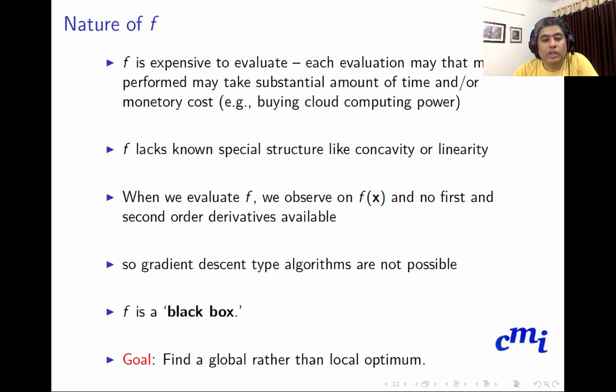So f is a black box function, almost like a black box function we don't understand. If you take f as the accuracy or the root mean square error of a deep learning neural network, then eventually f for us is almost like a black box function where for certain hyperparameters x we get a certain level of accuracy, but we have no visibility about how it looks like.